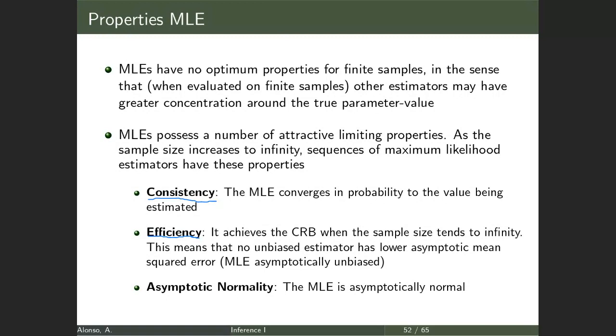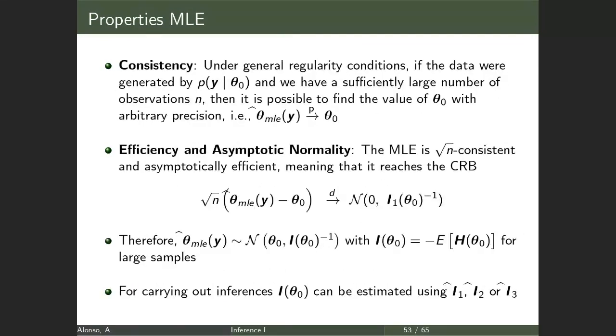So if your sample size is large enough, the maximum likelihood is really a very nice estimator. Consistent, unbiased, efficient, asymptotically normal. Difficult to get better than that. But again, this is for large sample sizes. It's in asymptopia. So let's explain these properties a little bit more.